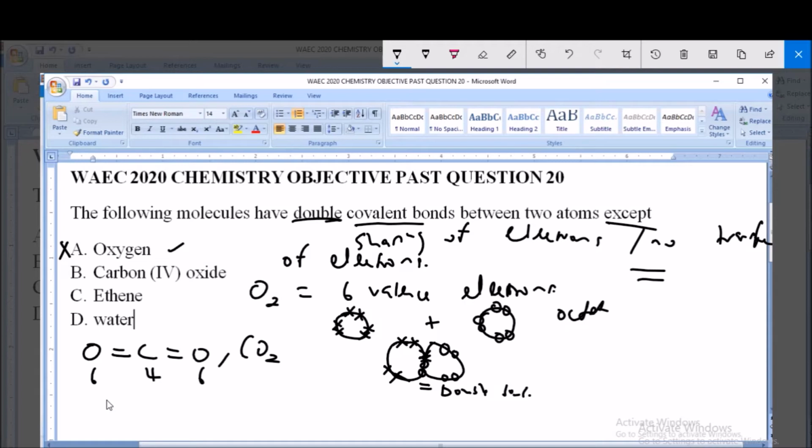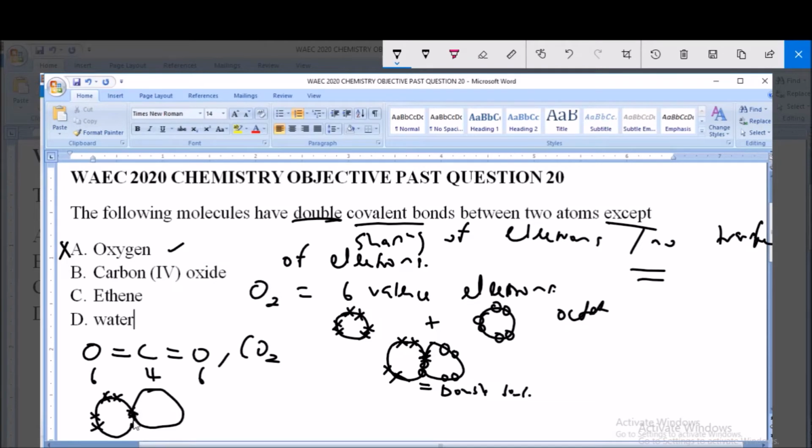You have one of the oxygen this way with 6. So 1, 2, 3, 4, 5, 6. Now the last 2 rather will be shared with the carbon atom.